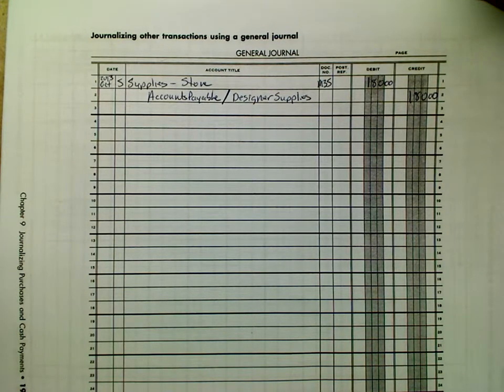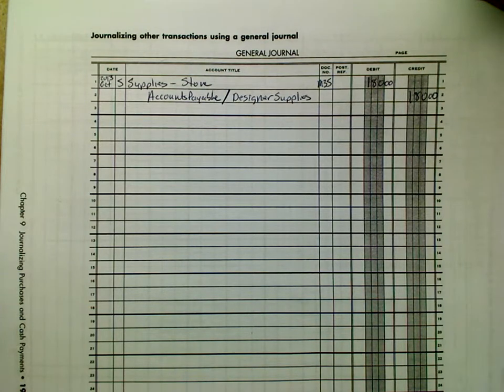Cash payments journal, because you're writing a check. So P is for purchases, C is for cash payments journal, and then your general journal is going to be any type of memo. So this is an M35. If you see M35 or M whatever, you know it's going in the general journal.